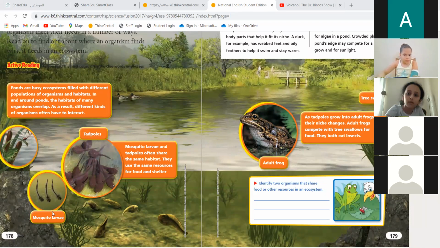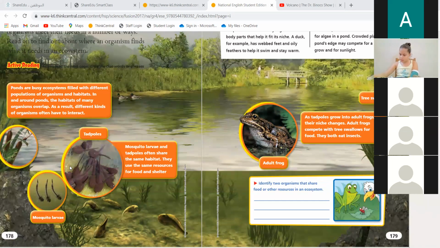Sometimes they eat them and sometimes they share the same place, the same habitat, and they look for food together and shelter. Both of them share the same habitat, the same resources, the same everything.